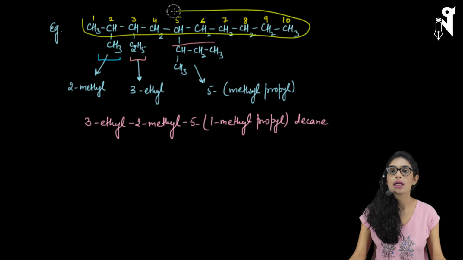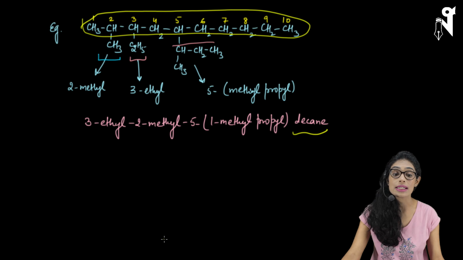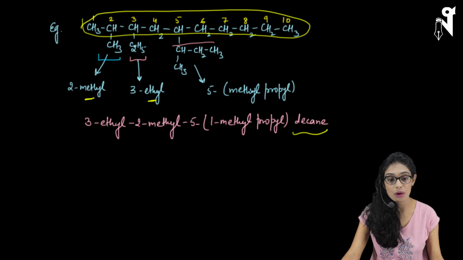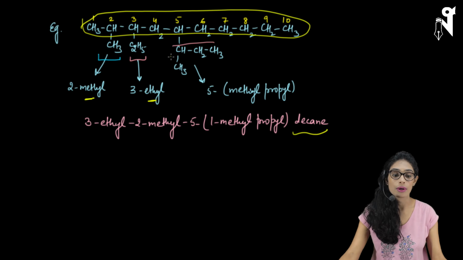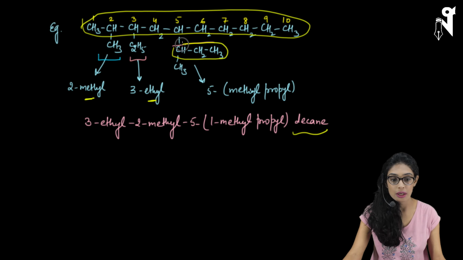Now we have to start naming the branches. One CH3 will be named methyl, C2H5 will be named ethyl, and now this is the complex branch. So here we will try to find the longest possible chain. This is my longest possible chain. Let's number it: 1 here, 2 here, and 3 here. So you have CH3 on the first carbon.